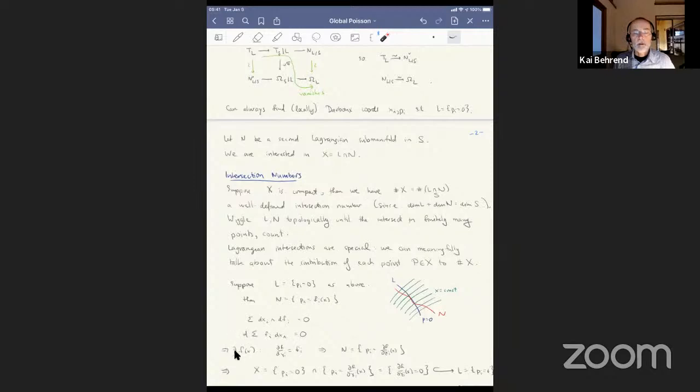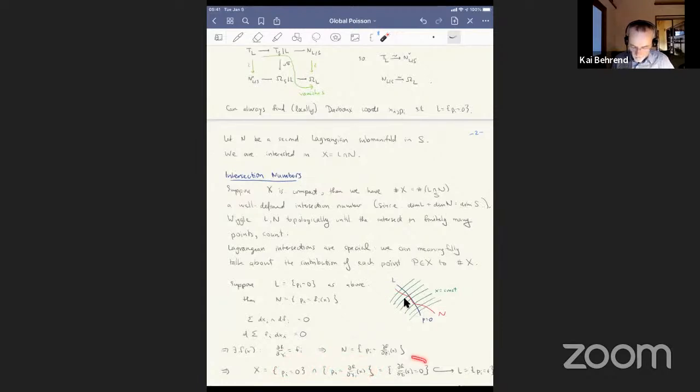So locally, I can suppose I have an antiderivative. So these f_i here are the partials of one function f. And so N is given as the graph of this exact one form.